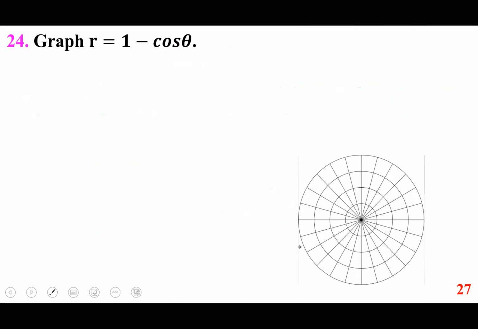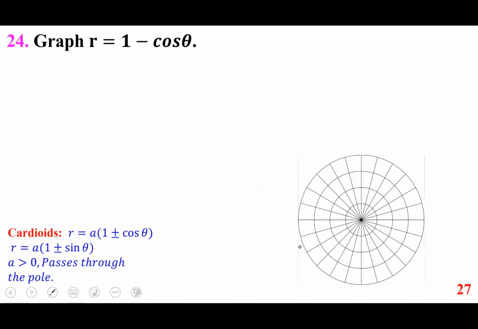If we were to graph 1 minus cosine theta, an easy way is to plot points, and easy points, for example, from 0 to pi. And I'm reminding you that r equals a times 1 plus or minus cosine theta, or plus or minus sine theta, are all cardioids. So we have an idea as far as the shape.